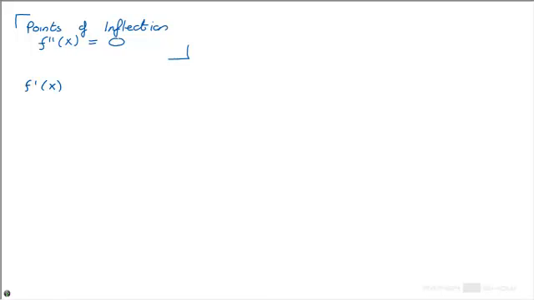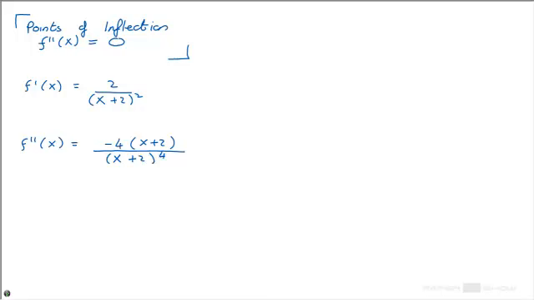f dash x was equal to 2 over x plus 2 all squared. f dash dash, or the second derivative, is going to equal, and you'll just use the quotient rule again for this, be a little bit careful when you're doing it, you'll end up with minus 4 all over x plus 2 all to the 4.